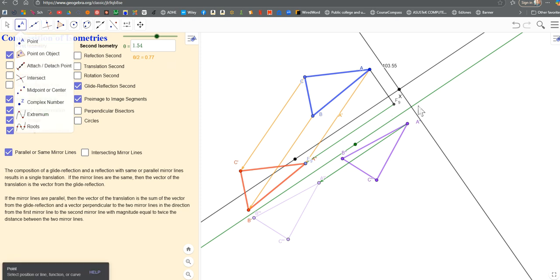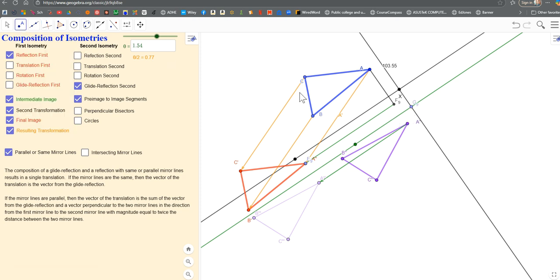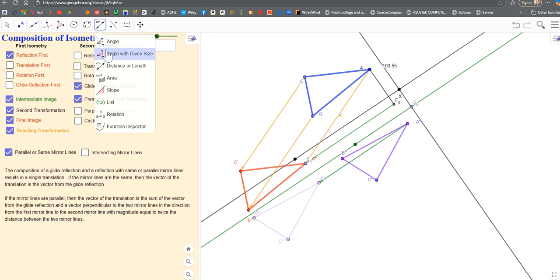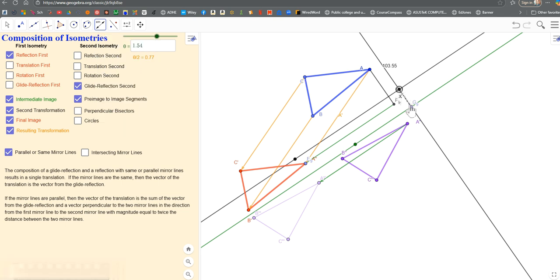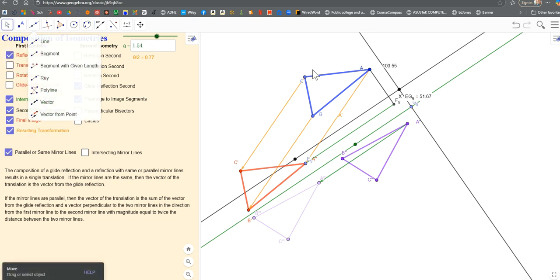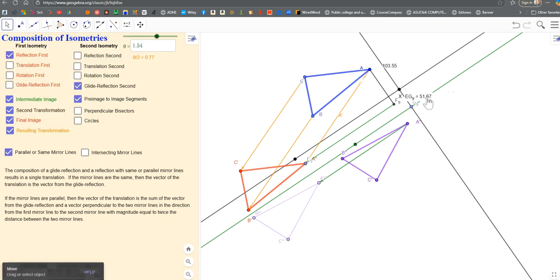And I need this point of intersection right there. And then I need the distance between here and here. Whoops, I don't have it in the right place. Let's try that again.